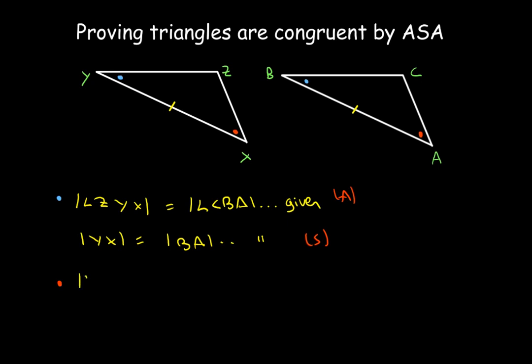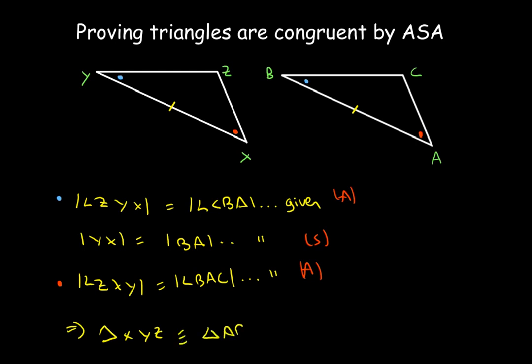So the measure of the angle ZXY is equal to the measure of the angle CAB or BAC. Again, it doesn't matter. And the reason for that is given. That's your angle. So therefore, them two triangles are congruent. Triangle XYZ is congruent to triangle ABC by angle side angle.